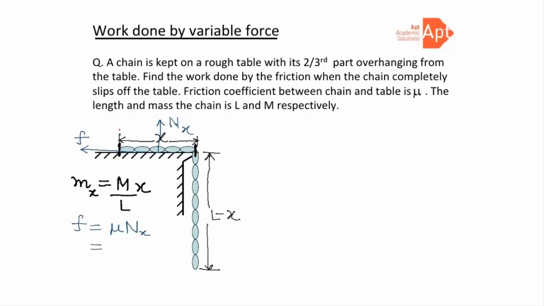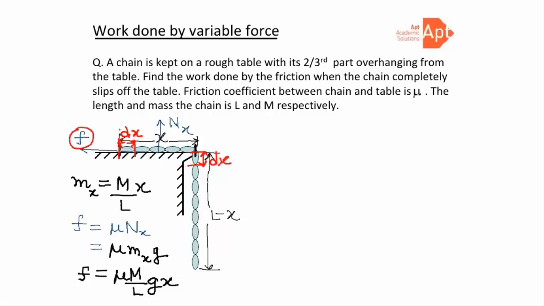So this becomes mu times mg, and the friction force F becomes mu M by L into g into x. Now suppose a small portion dx slips off from this table. Friction will not change significantly.